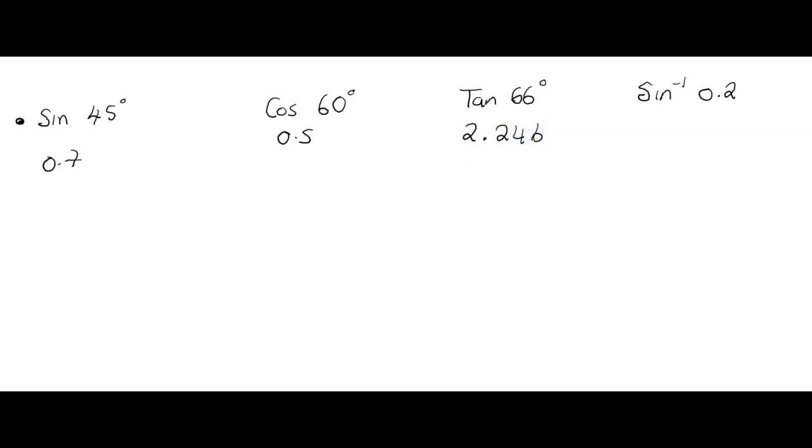So all we're doing is putting in, and then inverse, that little minus 1 means inverse, so we have to hit shift, sine, 0.2 equals, and it's 11.5369 degrees. Is that okay, lads?